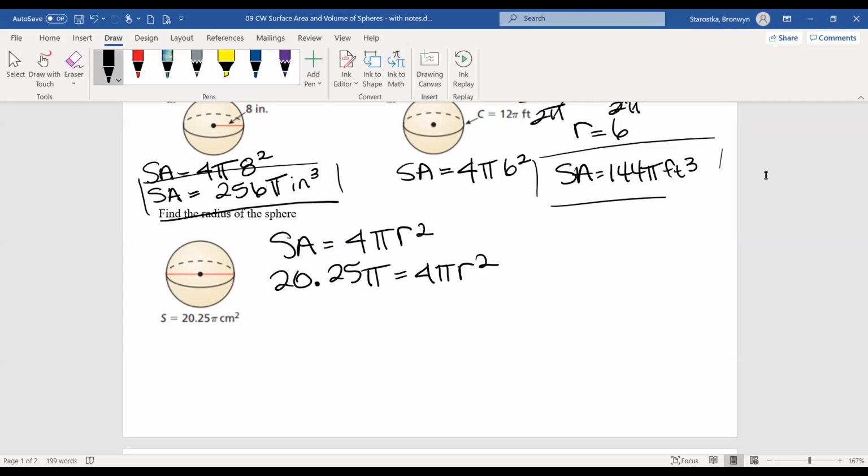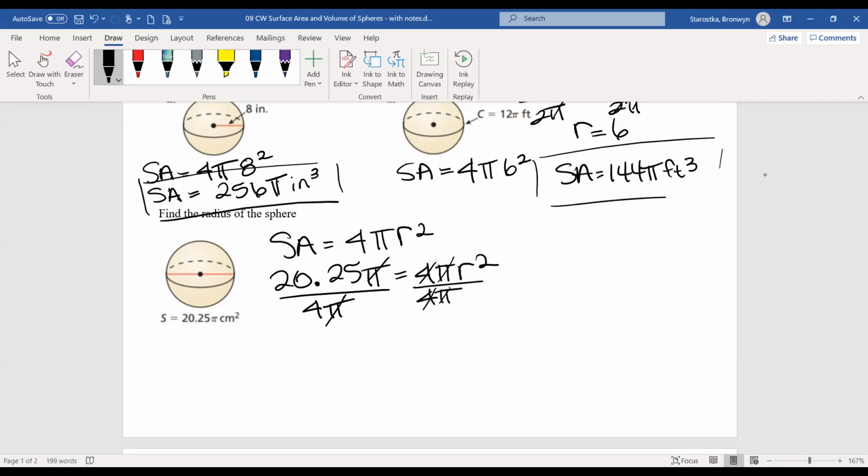I divide both sides by 4 pi. Pi's cancel, 4's cancel, and the pi's cancel on the left side.